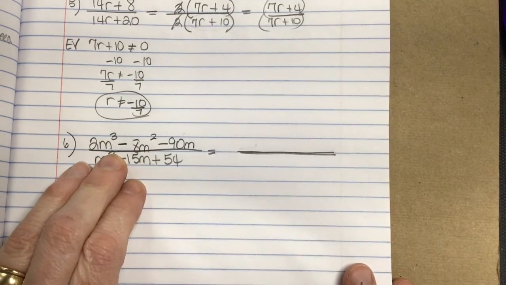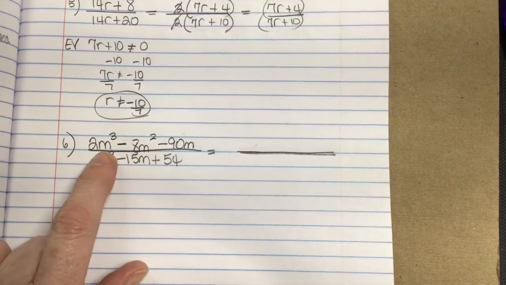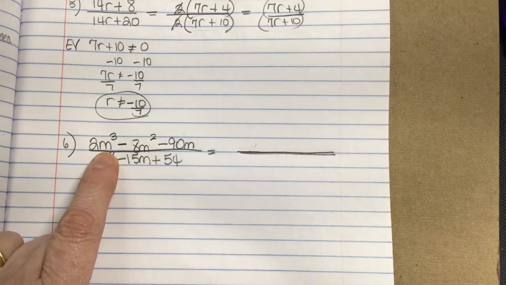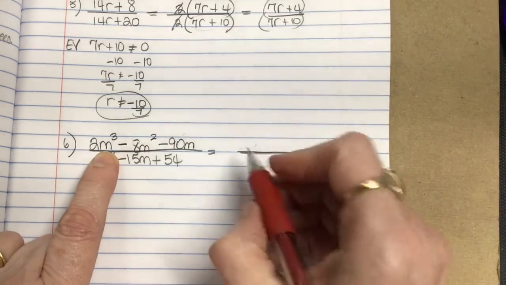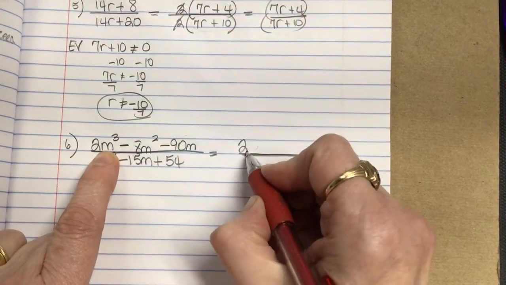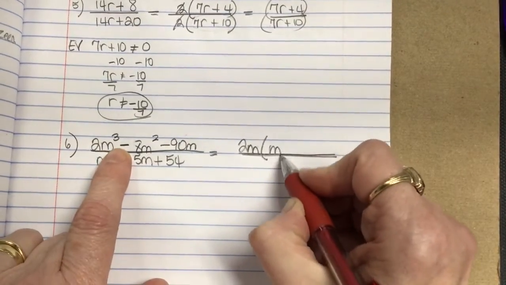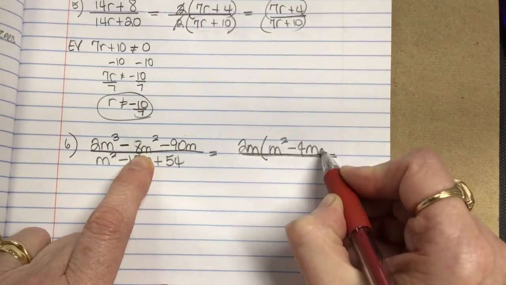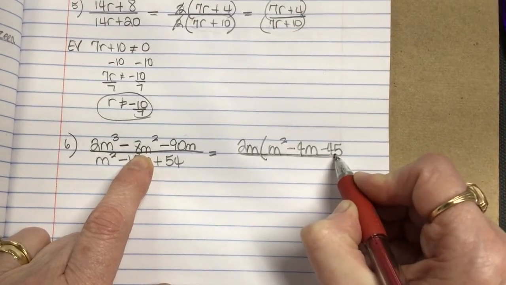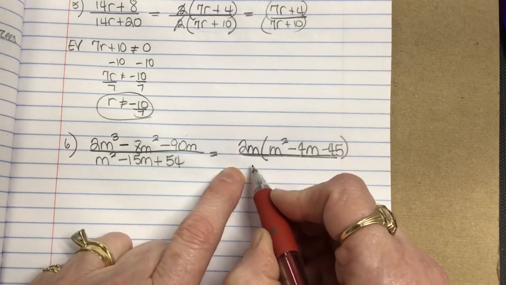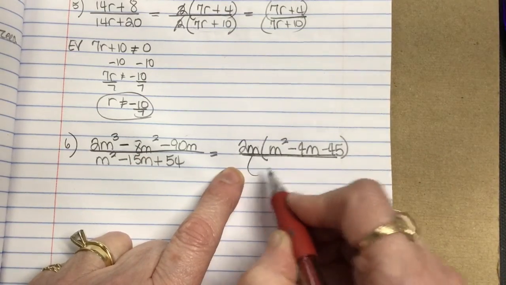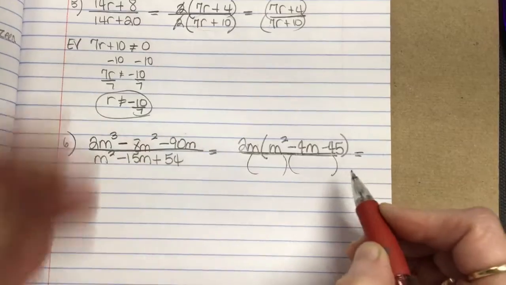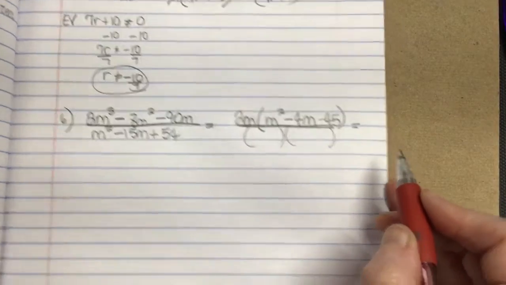The top, probably, well, you're going to have to get that m out to be able to factor it as m squared. So I'm guessing it's going to have a 2 and an m. And I'll have m squared minus 4m minus 45. And on the bottom, we can go ahead and factor this bottom, or we could carry it to the next step.